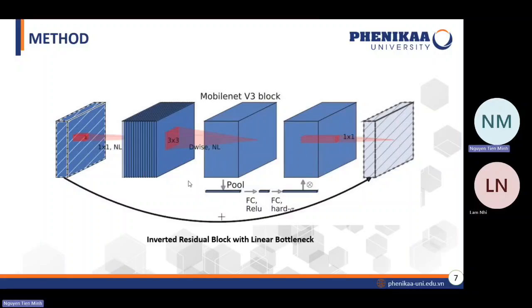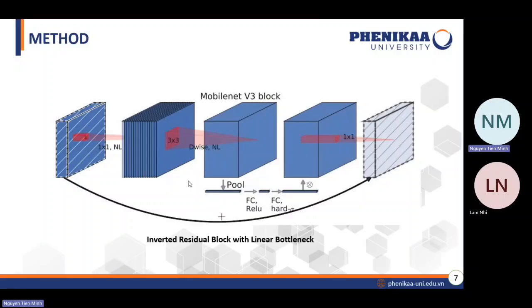In our project, we use MobileNetV3. The architecture is shown in the image. It is an inverted residual block with a linear bottleneck. The process begins with a one-by-one convolution that increases the number of channels, thereby enriching the feature representation.